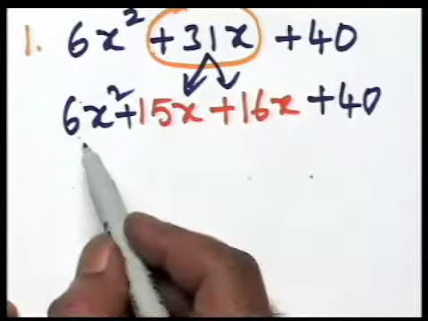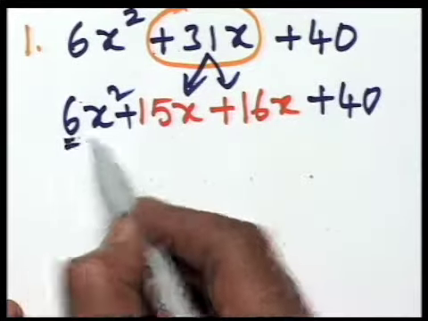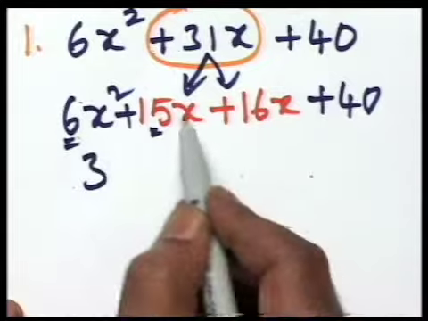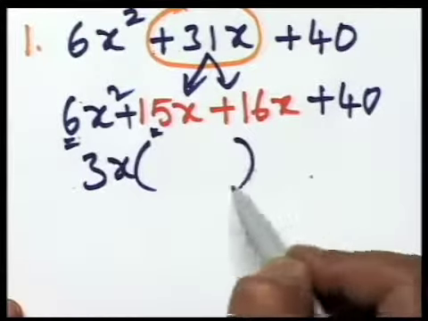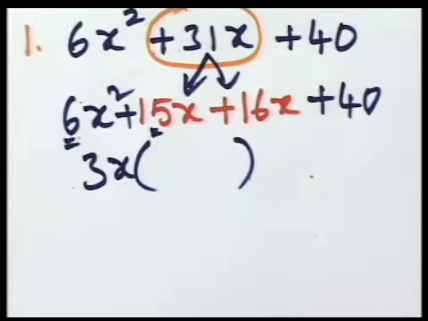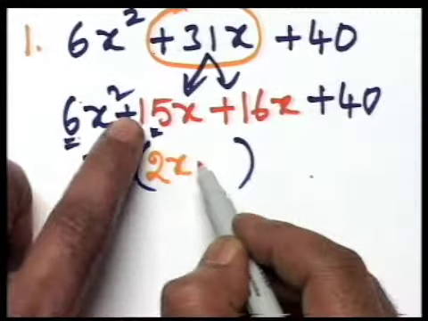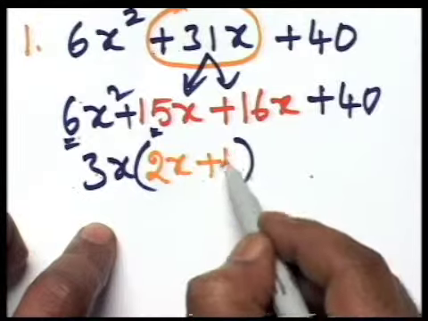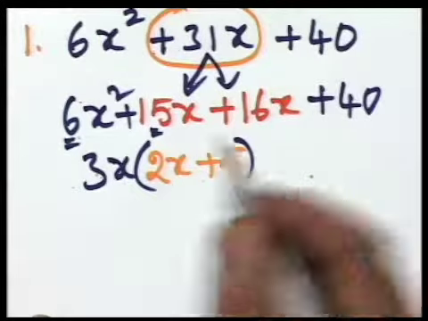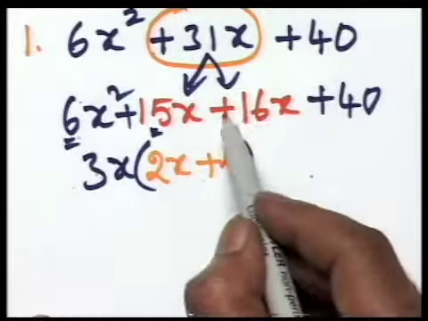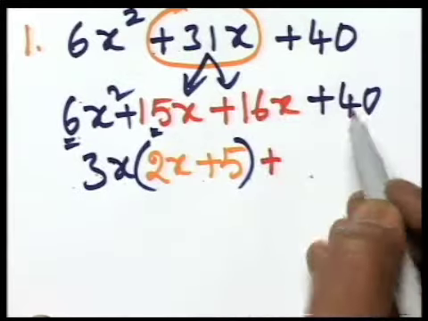4 terms we got. We'll be looking for the common factors, 6 and 15. 3 is common, then x is common. And inside the bracket, we'll be looking for 3 times 2 is 6, x is x, plus 3 times a 5 is 15. Then the next one, positive sign, so fine, and 16 and 40. Come on.